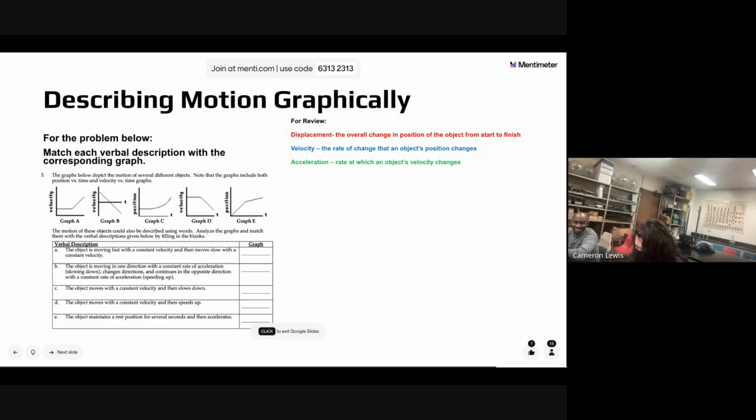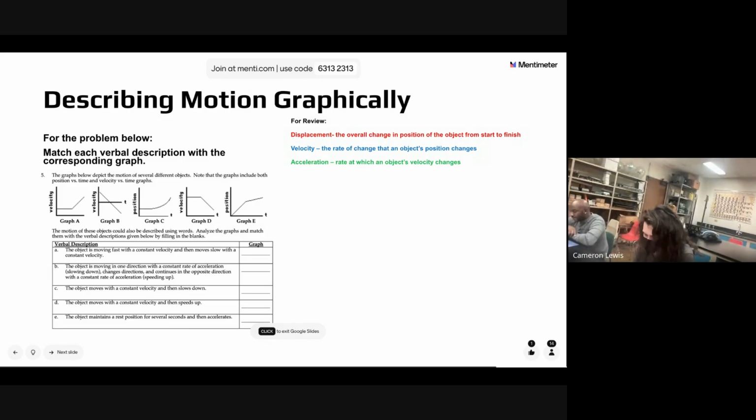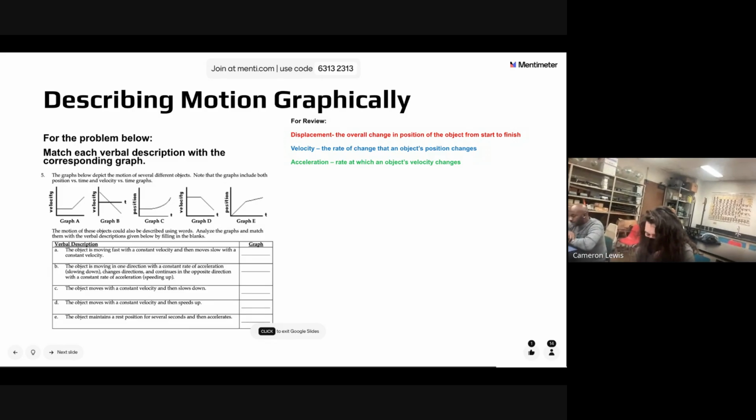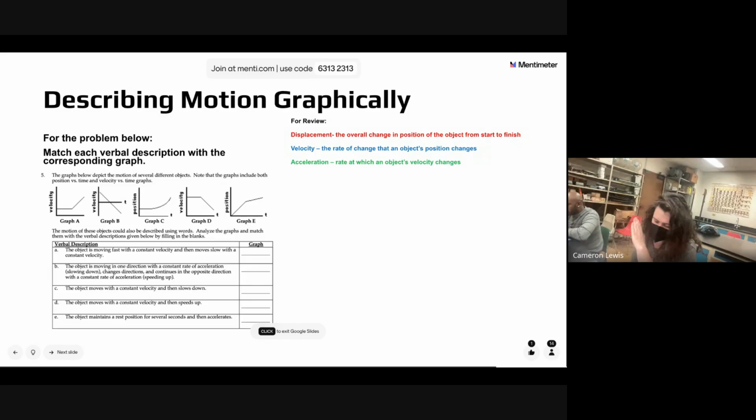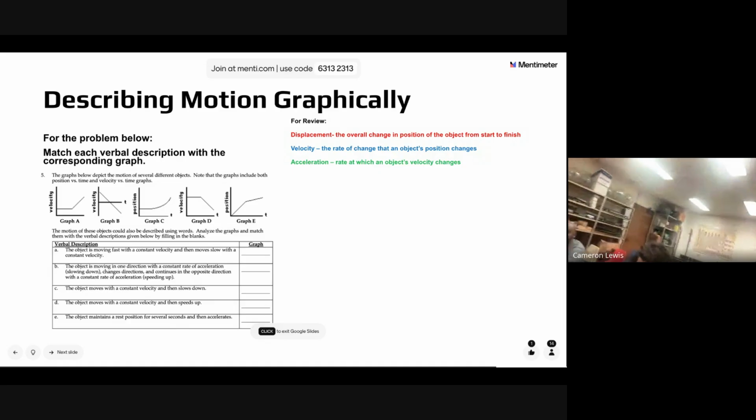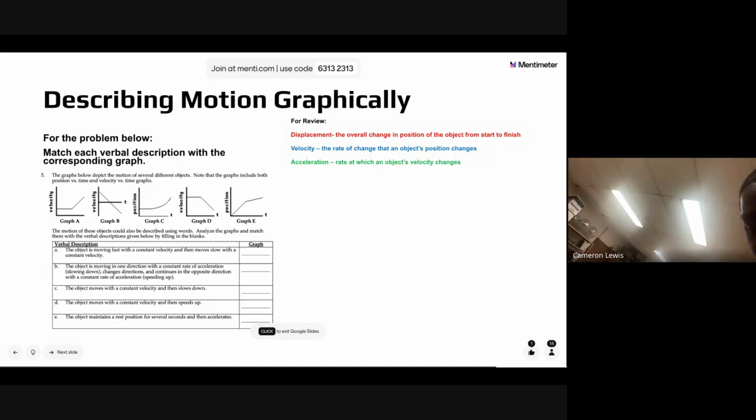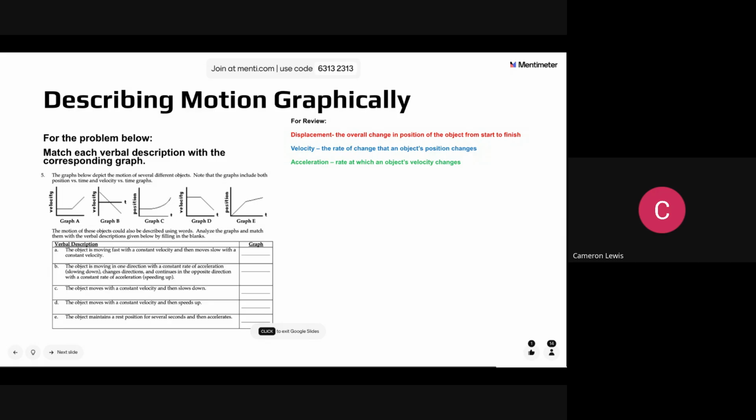We said it was graph A because it's a velocity-time graph that moves in a straight line and then goes diagonally. Okay, so we got graph A for verbal description D. All right, who's representing next?